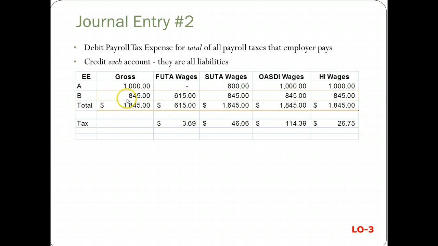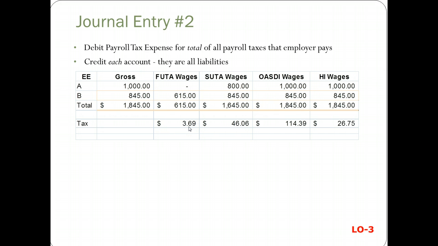And these are their gross, and these are the FUTA wages that are still subject, that haven't hit the limit, and the SUTA wages. And obviously the SUTA limit must be higher, or else employee A wouldn't be paying anything, but they've hit the limit for FUTA. This is the Social Security and Medicare wages.